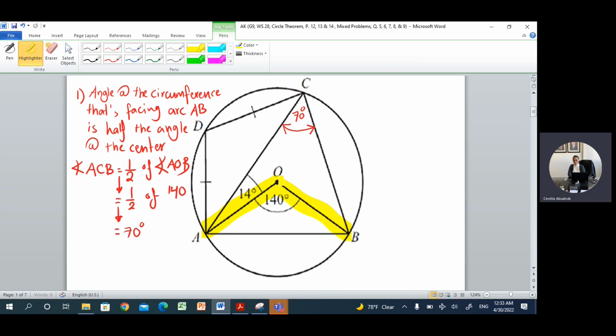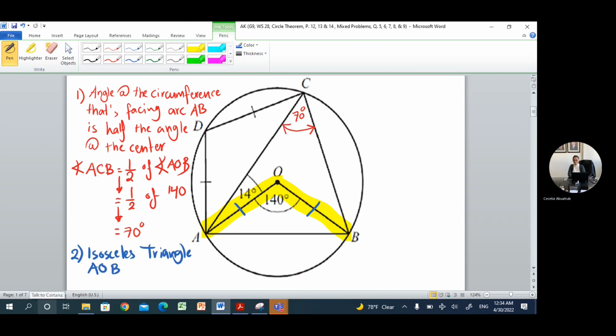O to B from the center to the circumference. This is a radius as well, which means that I have an isosceles here, right? So immediately I will say isosceles triangle and name it AOB.